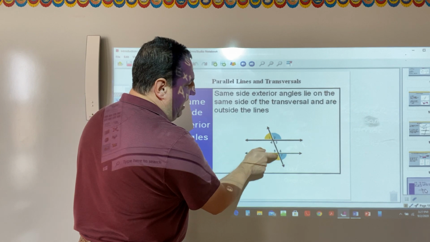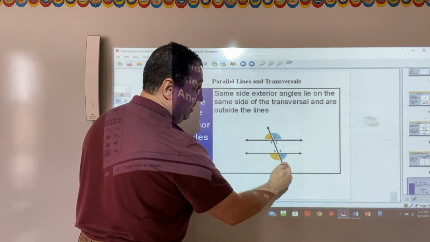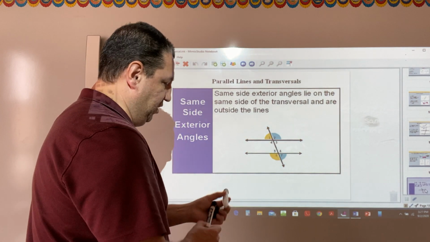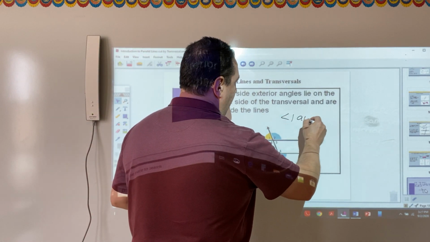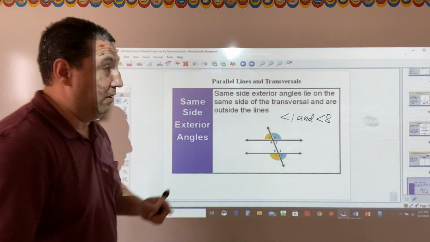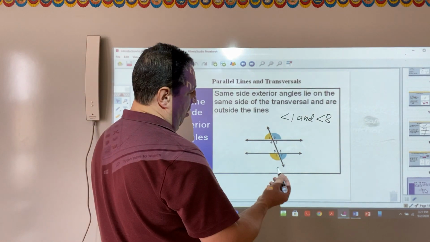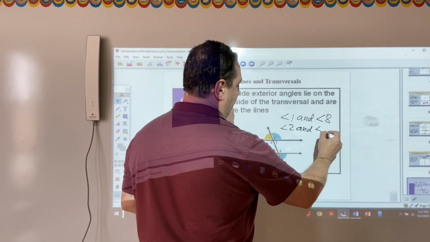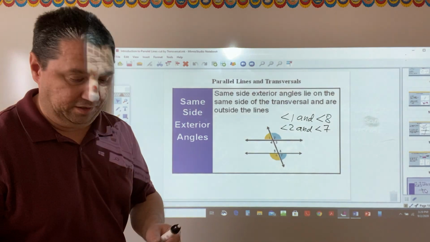As you can see, 1 and 8 are both on the left side of the transversal, but they lie outside the parallel lines. So we can say angle 1 and 8 are same side exterior, or angle 2 and 7 are same side exterior.